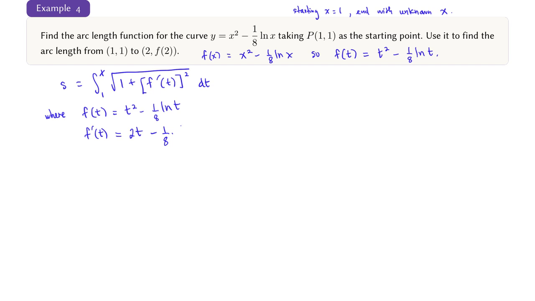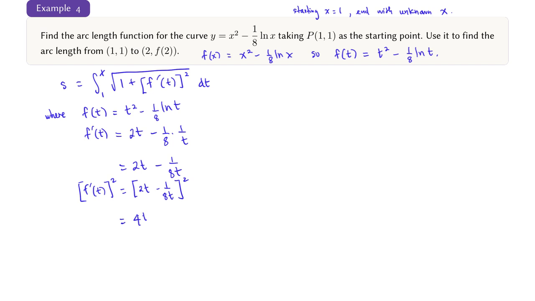We often simplify the integrand before we set up the integral. The derivative is 2t minus 1 over 8t. We would need to square f prime of t. The square of f prime of t is therefore the square of 2t minus 1 over 8t.